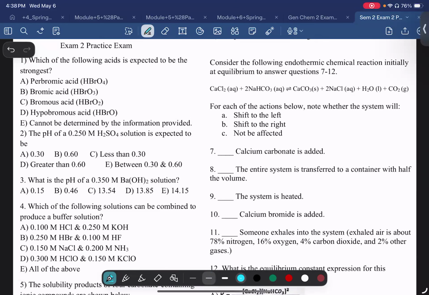Do we have to know the Arrhenius equation? The Arrhenius equation was in module three, right? I think it's in module three. I don't think you need to. If you did need to know it, all it would be is plugging in values and solving.